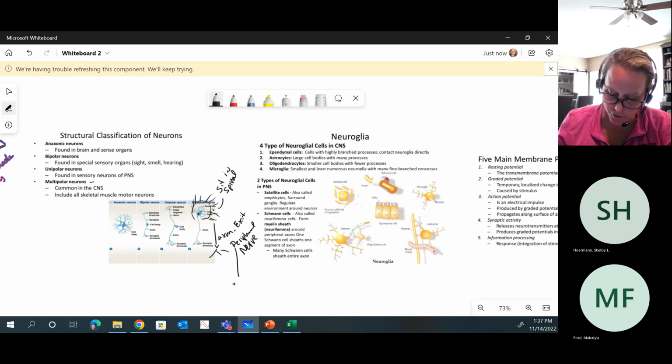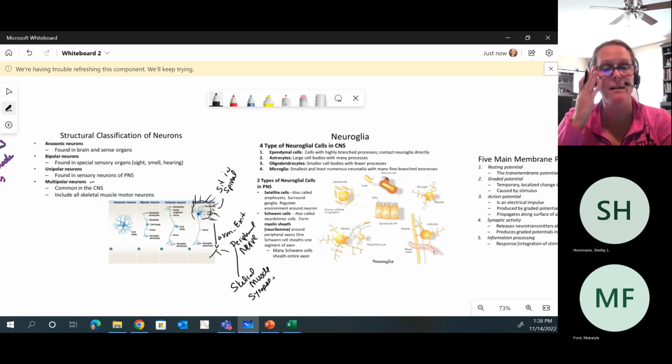Then it's going to travel to the skeletal muscle it controls, and it's going to synapse at their motor end plates. If this neuron controls 5 muscle fibers, when you ask it to contract, you're asking all 5 of those muscle fibers to contract at one time. Not every neuron in the body looks like this.